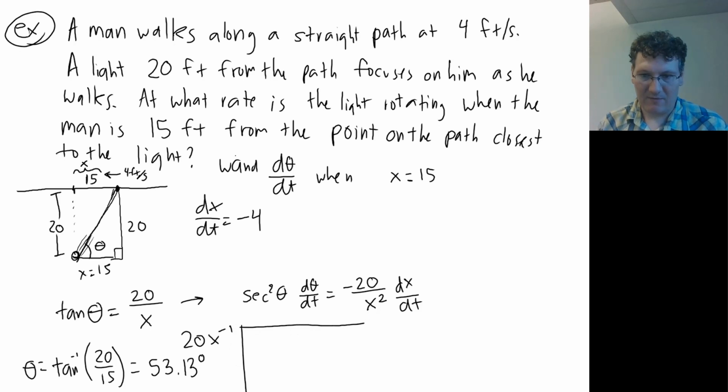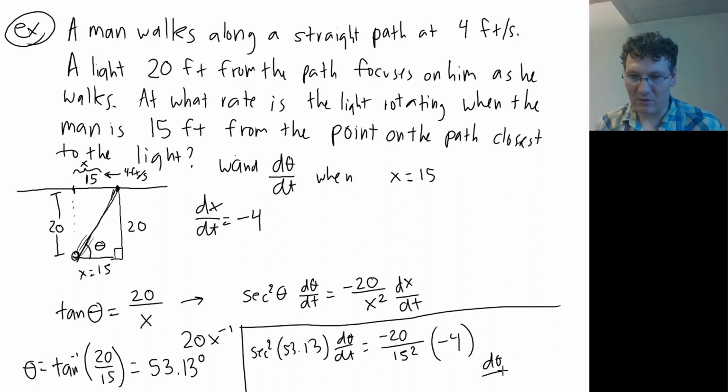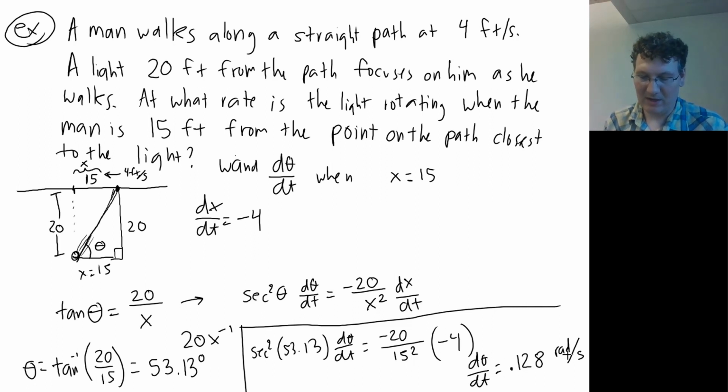We have the secant squared of 53.13 degrees times d theta/dt is negative 20 over 15 squared, and then dx/dt, remember, that's negative 4. Solve this and you get d theta/dt equal to 0.128 radians per second, or if you wanted that in degrees, that's 7.33 degrees per second.